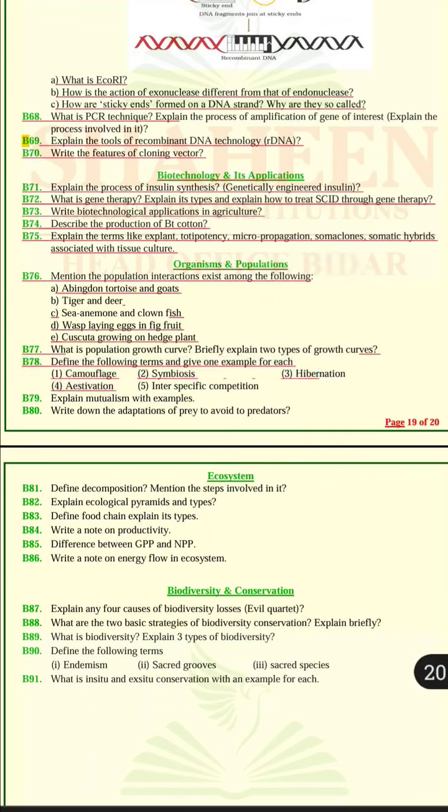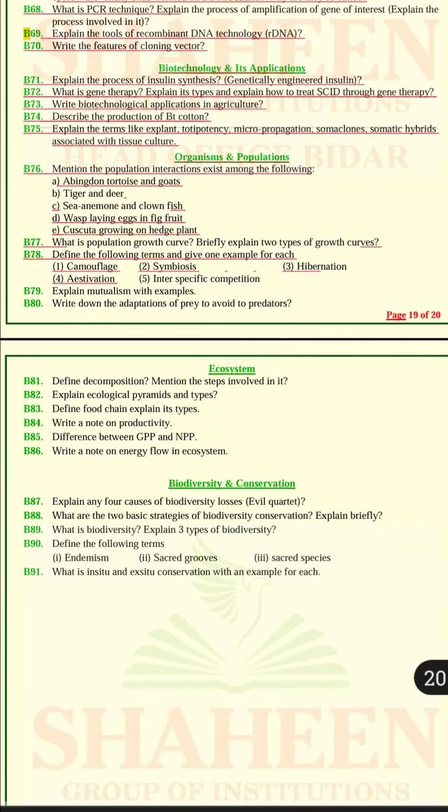Okay friends, you have to define these terms and give one example for each for getting the full marks. Okay, we have the next question. Question number 79, explain mutualism with examples. And question number 80, write down the adaptations of prey to avoid predators.